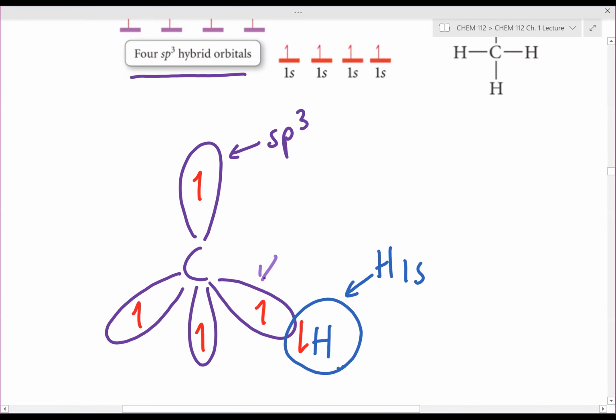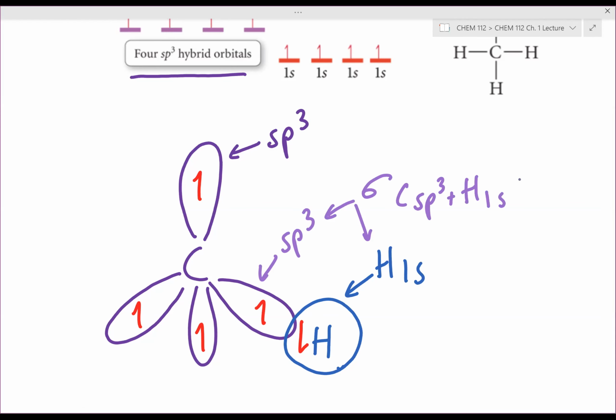So since this is an sp3, we'd call this overall orbital overlap a sigma carbon sp3 plus hydrogen 1s orbital.